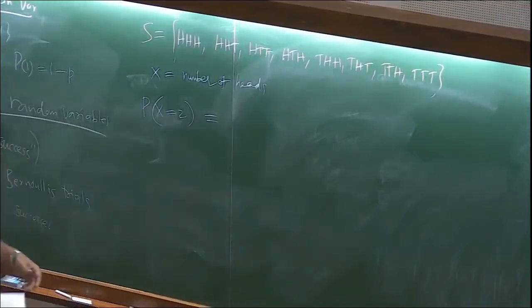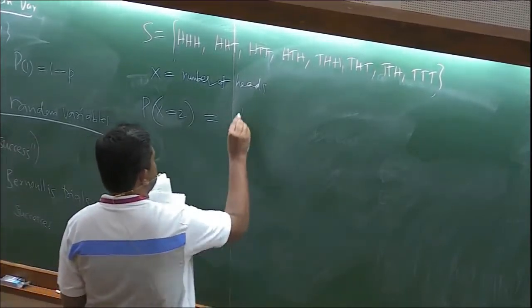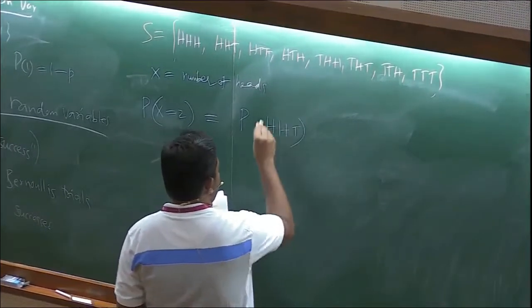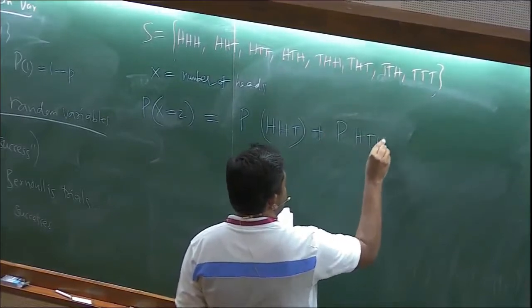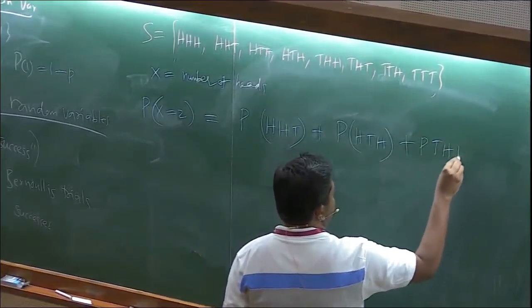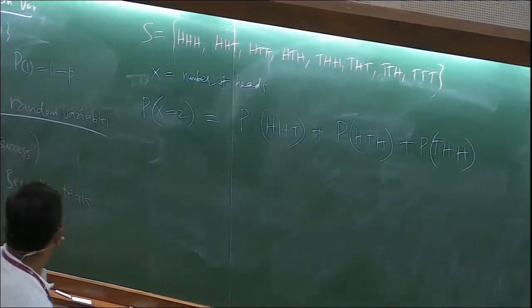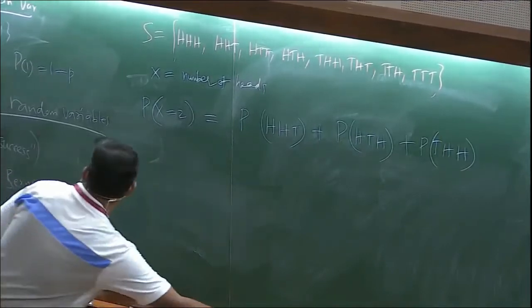You're assuming theta is half. I didn't say head and tail are equally likely. So there are basically 3 events which will give you 2 heads: HHT, HTH, and THH. Yes, that's why I said that.